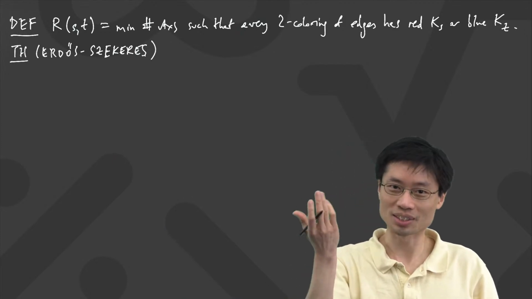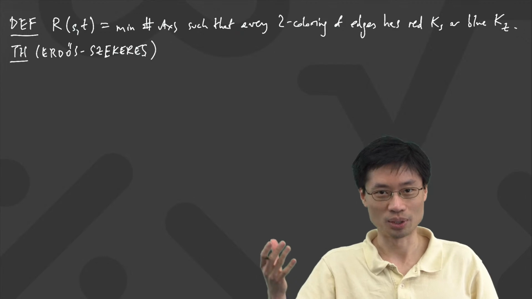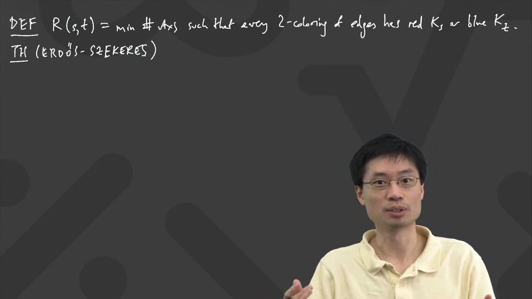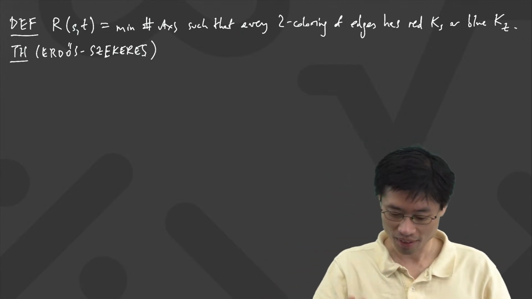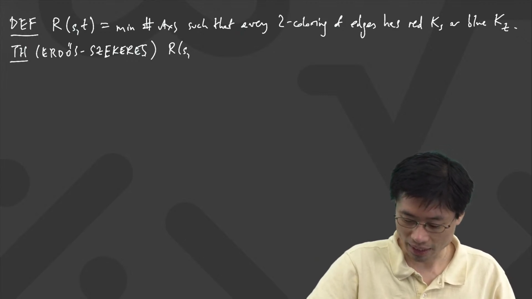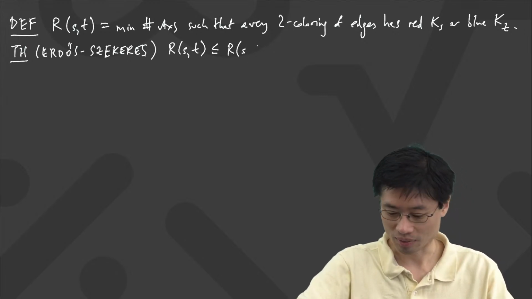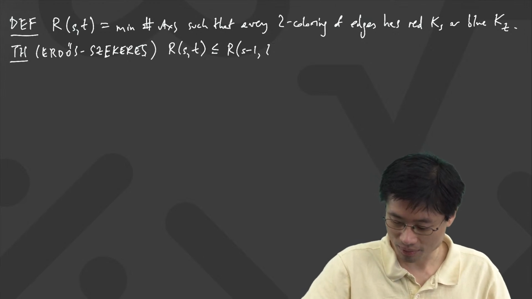And it might seem interesting that they have similar flavor, these two results. This result is now when you have enough vertices, then there's always going to be a monochromatic something. And this Erdős-Szekeres result showed an inequality: R(S,T) is at most R(S-1,T) plus R(S,T-1).